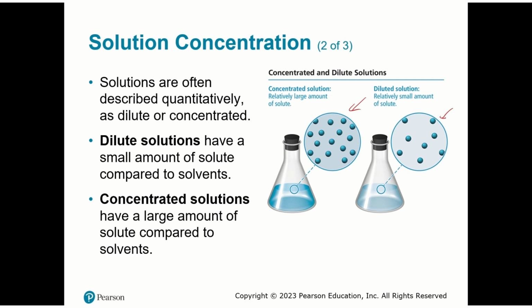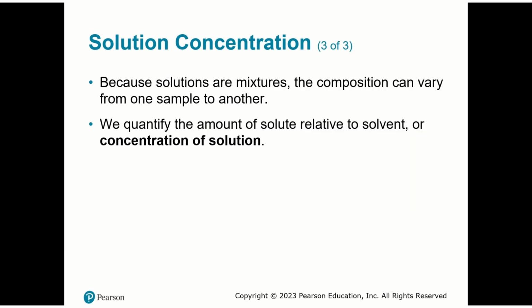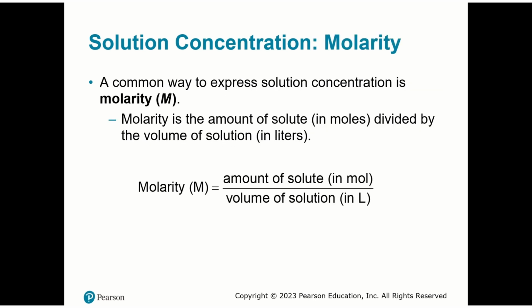In the dilute solution, the particles are far away from each other. These terms are qualitative. They give us a general idea, but not exact numbers. Because solutions are mixtures, their composition can vary. To describe them precisely, we use concentration, which tells us how much solute is present relative to the amount of the solution.